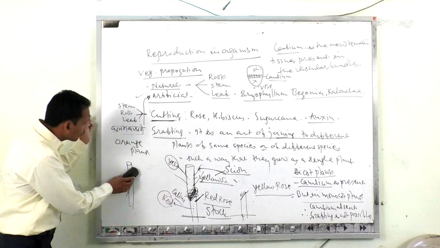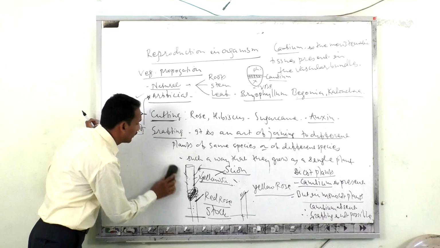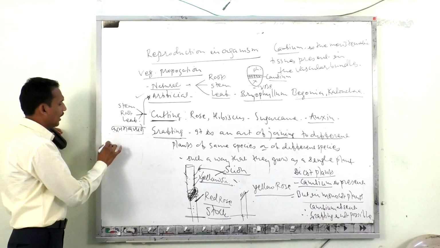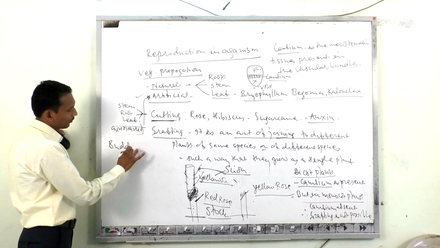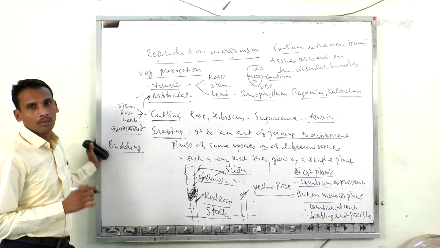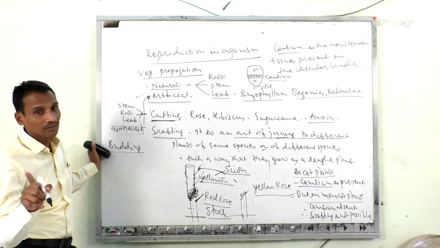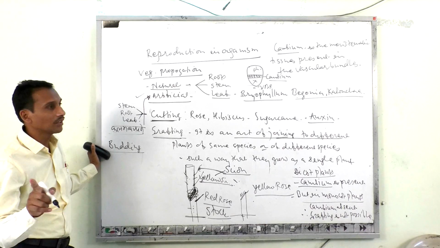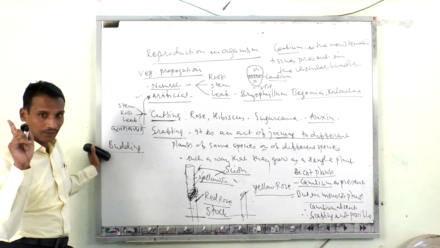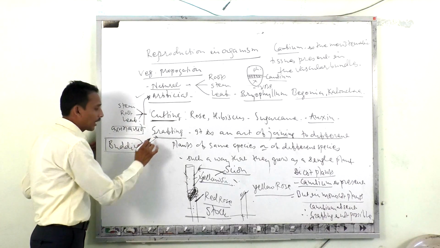Now another type that we have to discuss is bud grafting, also called budding. Budding we already saw in the case of yeast and hydra, which is a different case. In this budding, it is one type of grafting.